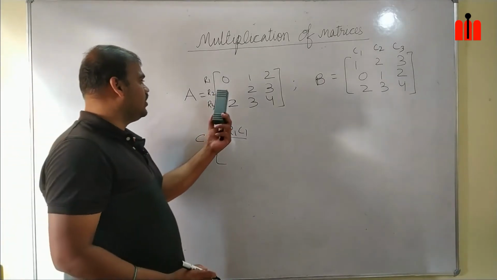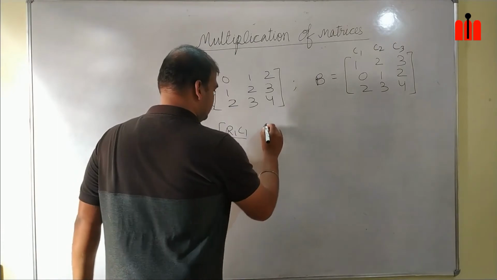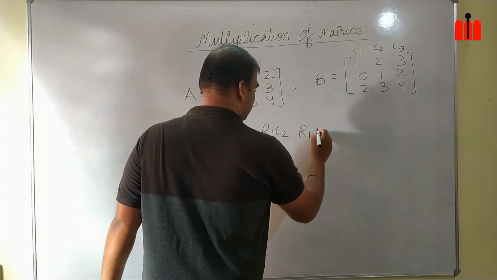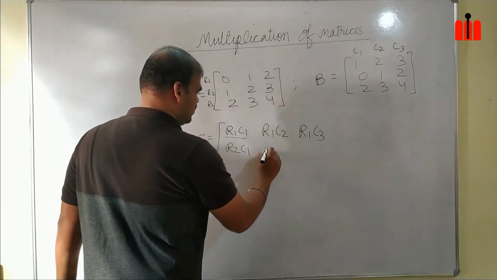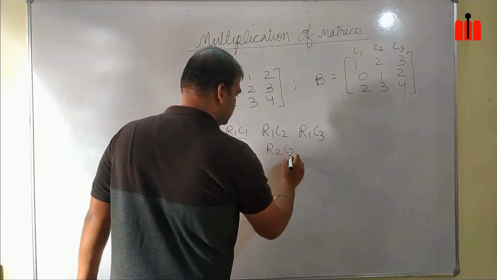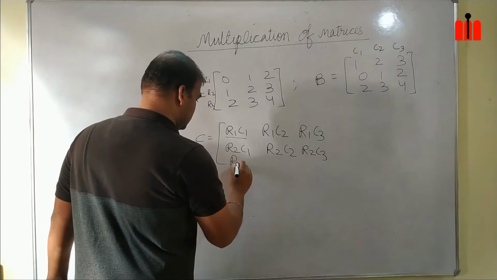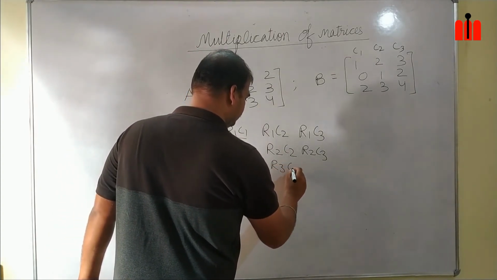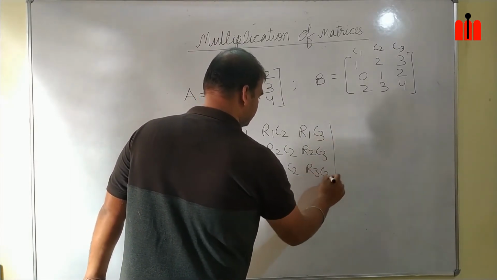Like that you have to do. Next one is R1 C2. After that R1 C3, R2 C1, R2 C2, R2 C3, R3 C1, R3 C2, R3 C3.